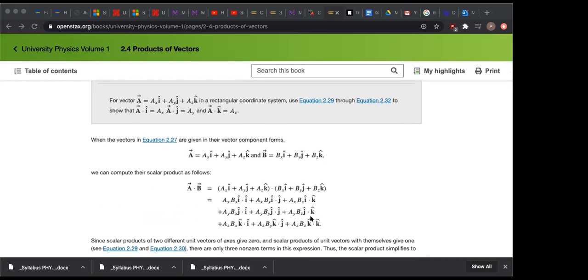Here they show it. You take the x component of the first vector and you multiply it by the x component of the second vector. And then you take the y component of the first vector and you multiply it by the y component of the second vector. And then you do that for the z components as well. And then you add those 3 numbers together. And then you're done.